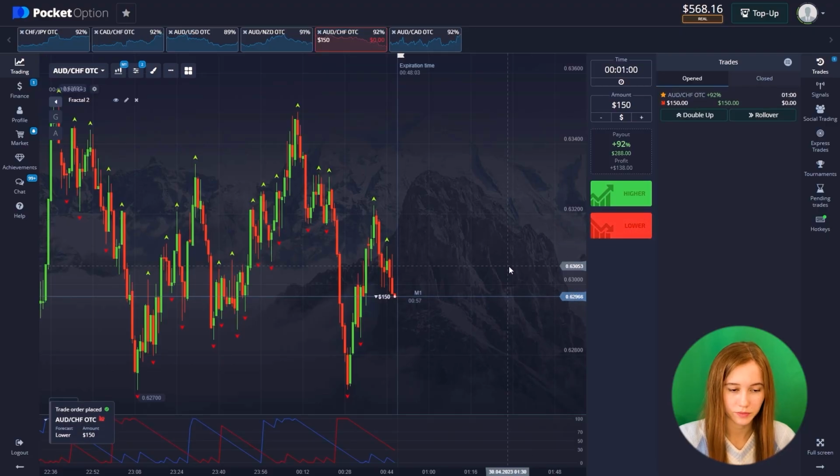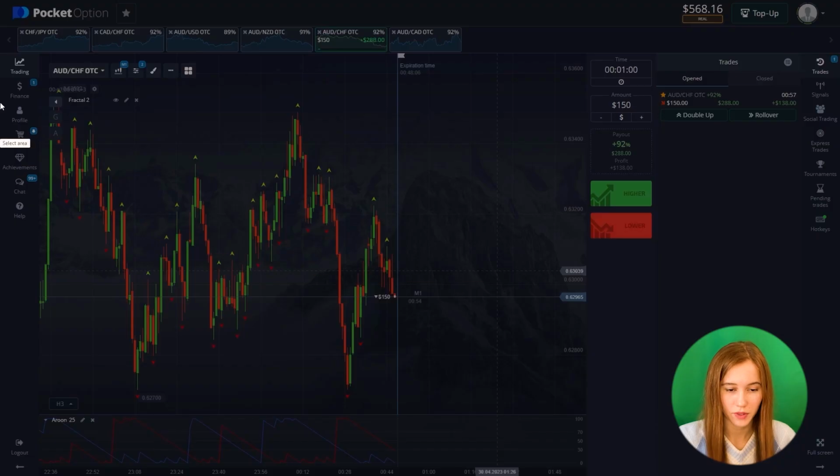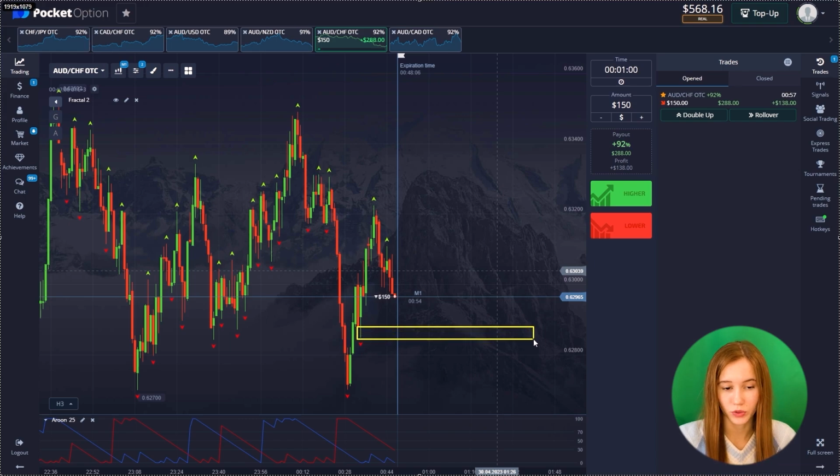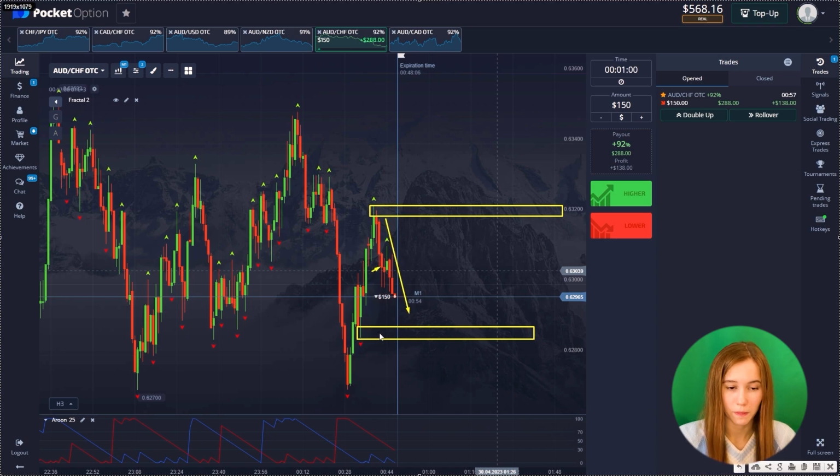Here we are. We open the deal down and we start our technical analysis. We see the shadow. Fractal is above. The third signal is the general trend. It's going down also. Support area we see by fractal. And on the indicator we also see 2 lines moving down.